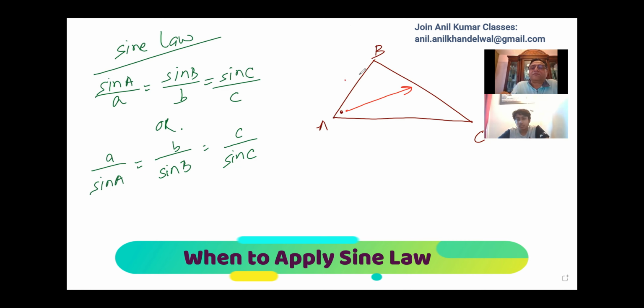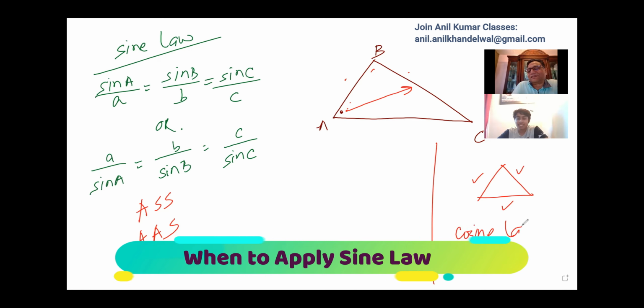That means if I have two sides and an angle, angle, side, side, I could do that. If I have two angles and a side, I can do that. However, if I have three sides, then you can't use it. In that case, you would have to use cosine law.